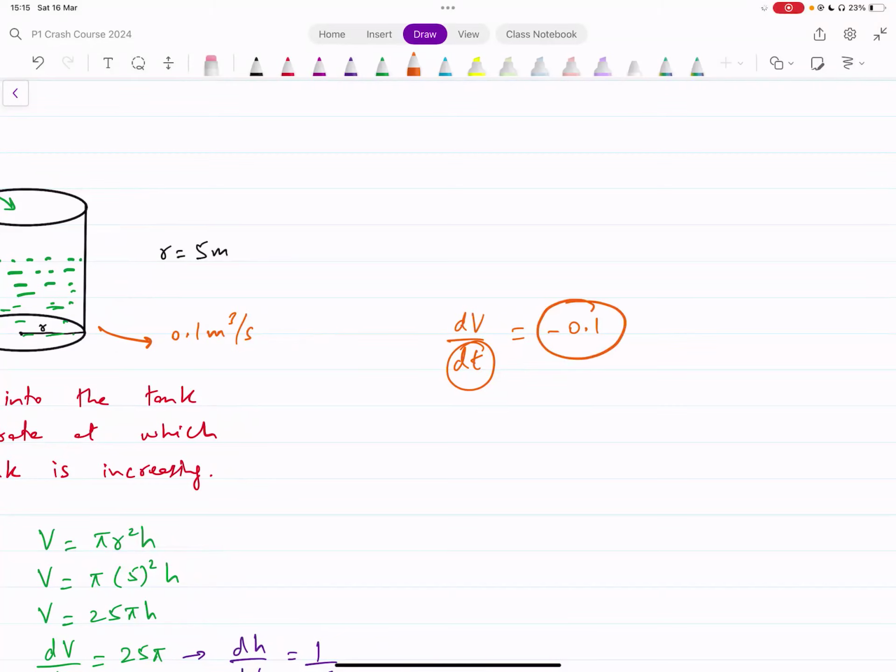So if it's a decrease, you use a negative rate of change. If volume is decreasing at 0.1 meter cube per second, you would say dV over dt is negative 0.1.